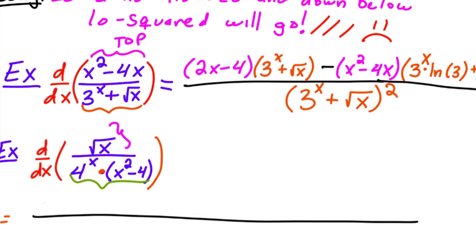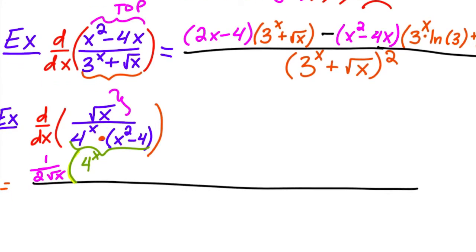So I'm going to have the derivative of the top, which is 1 over 2 square root of x, times the bottom, leaving it alone: 4 to the x times x squared minus 4.